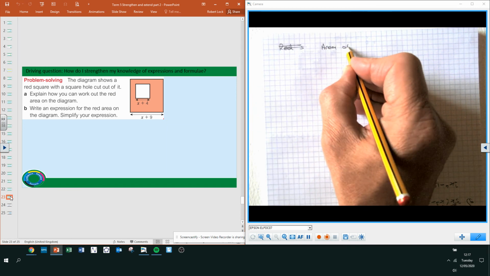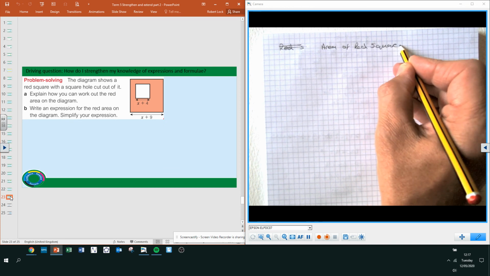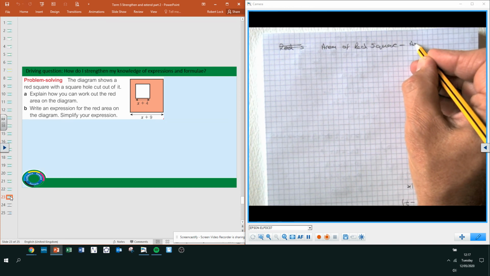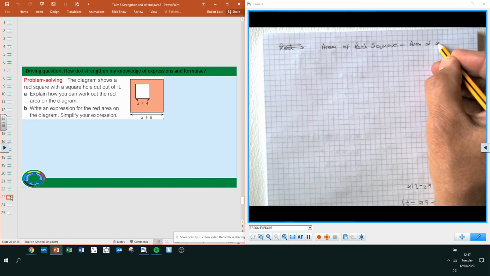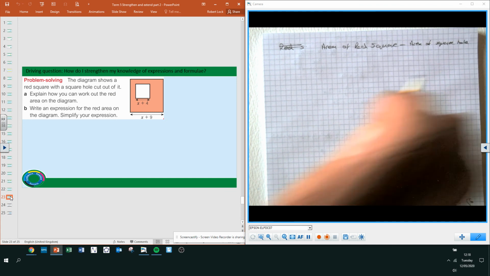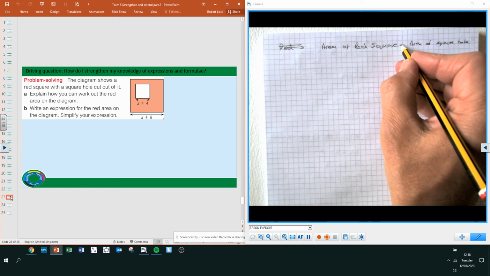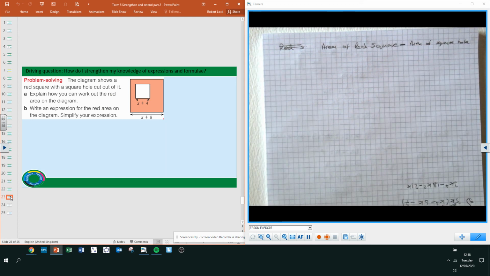Area of red square minus area of square hole.